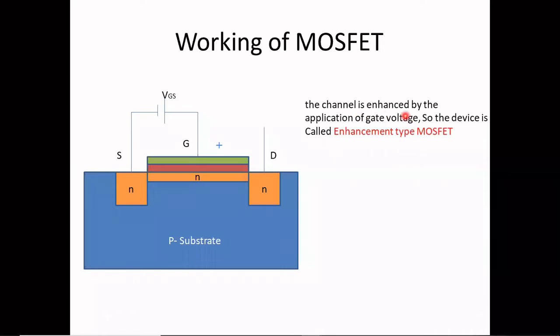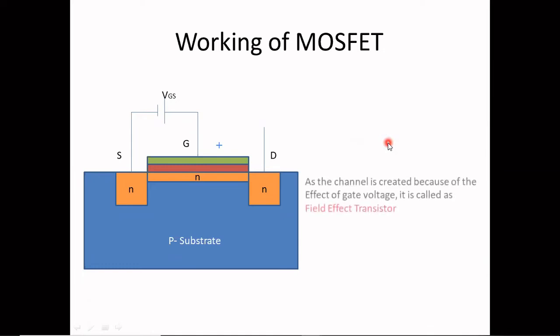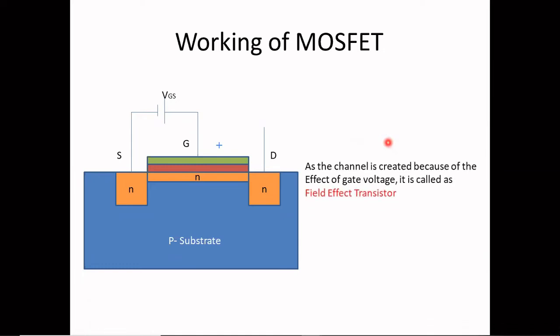The channel is enhanced by the application of the gate voltage. See, initially there was no channel. After I apply a positive gate voltage and go on increasing it, the channel is formed. So it is called an enhancement type MOSFET. And one more thing: the channel is created because of the effect of the gate voltage. I am applying a voltage here, and because of this, a channel is created. So I can call this voltage a field also.